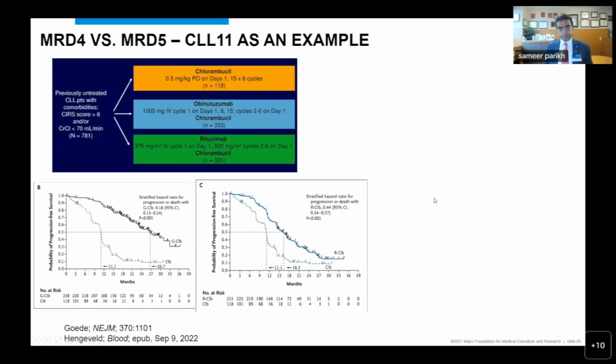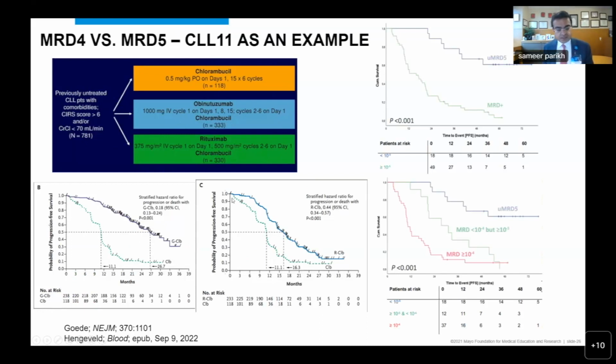What about MRD4 versus MRD5 in a different trial called the CLL11? This study, I'll remind you, randomized patients with previously untreated CLL to chlorambucil, obinutuzumab and chlorambucil, or rituximab and chlorambucil. And you all remember that obviously the antibody-containing arms were superior to chlorambucil alone.